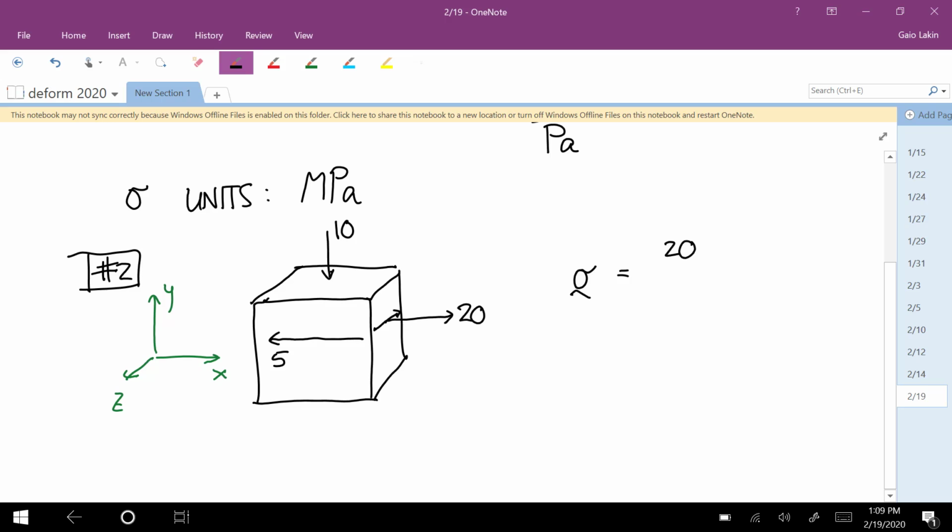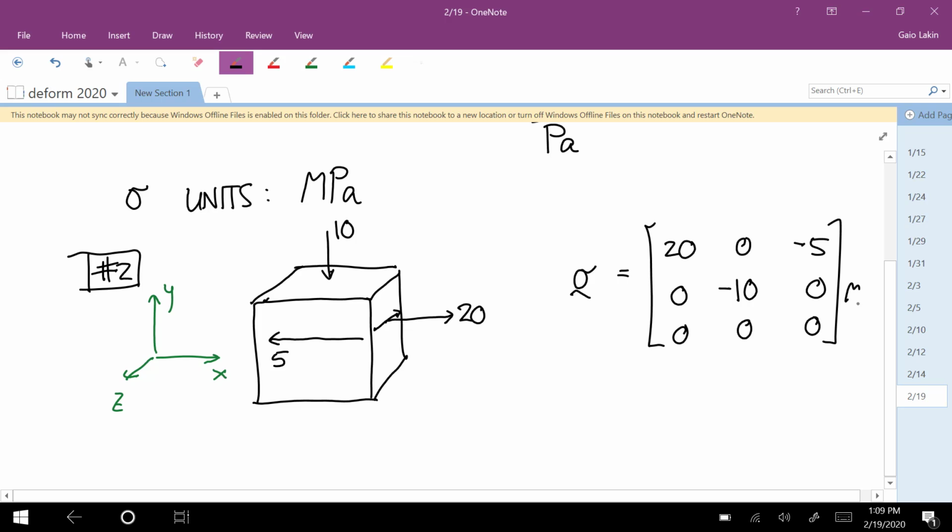And then that's in the negative z direction of 5. And then 0, negative 10, 0, 0, 0, 0. Yeah, exactly. Oh, sorry. Okay, we'll fix that. Any other questions?